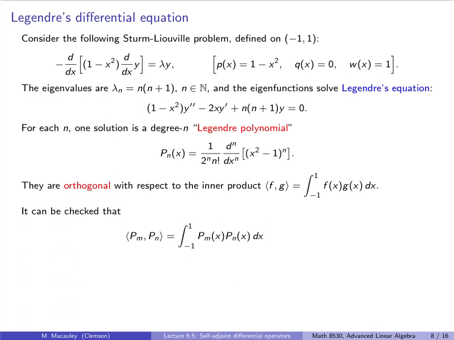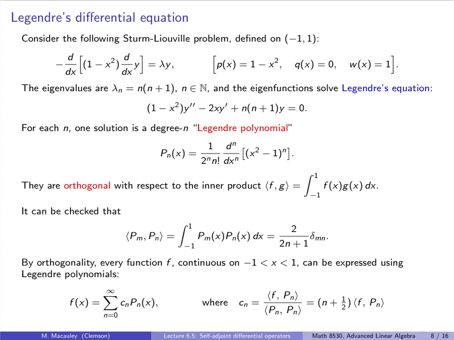It can be checked that the inner product of pm and pn, which is again the integral of pm times pn from negative 1 to 1, is of course 0 if m and n are different, but if they're the same, then it's 2 over 2n plus 1. So we can write that nicely as 2 over 2n plus 1 times delta mn.